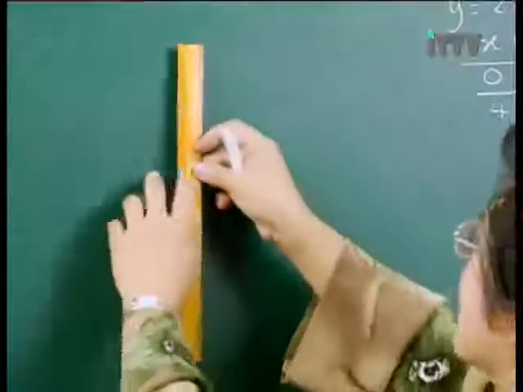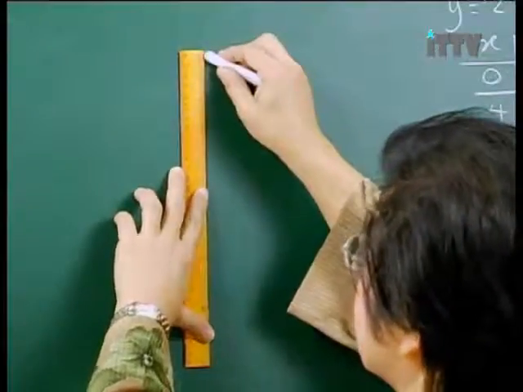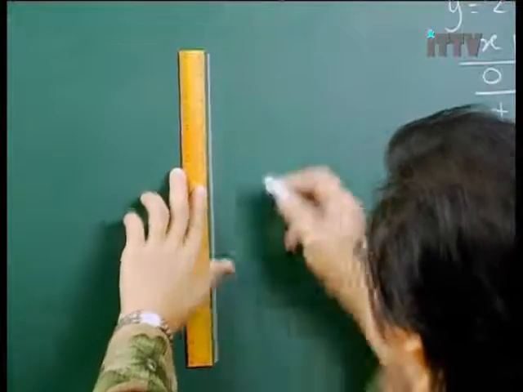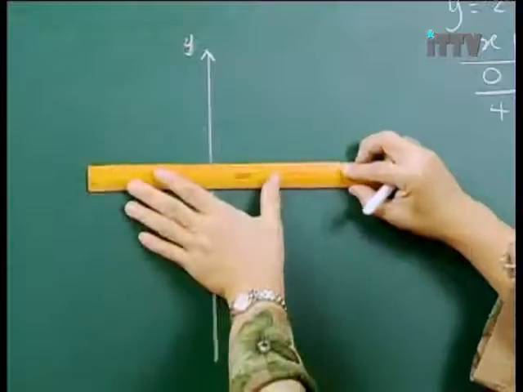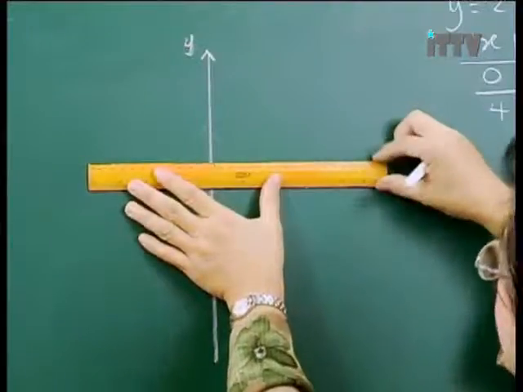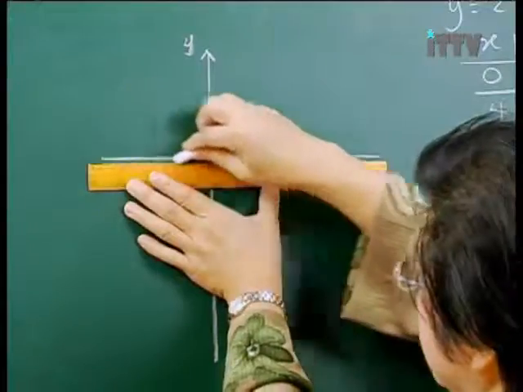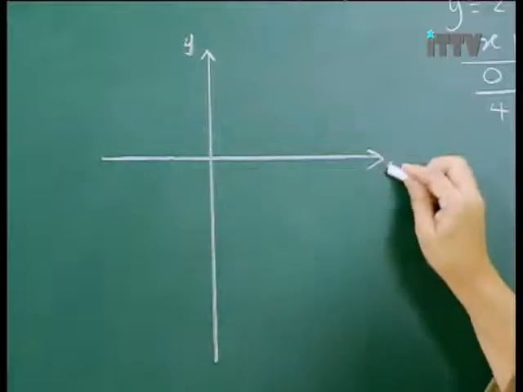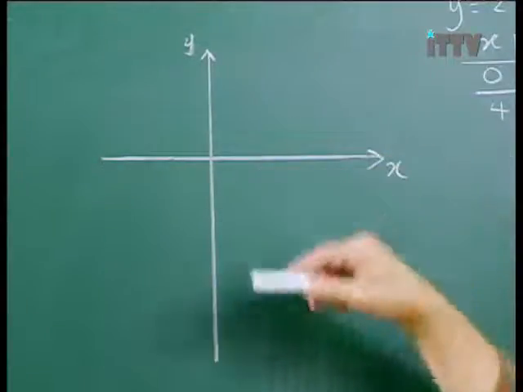Let's start by drawing the x-axis and the y-axis first. Beginning with my y-axis. We are now able to place these points onto the graph.